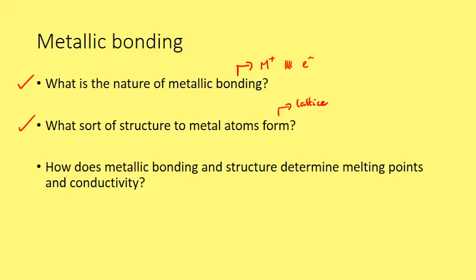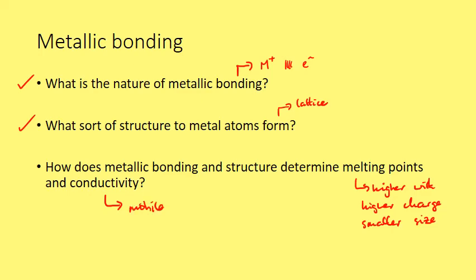So let's just remind ourselves there: higher with higher charged ions and smaller size, so higher charge density. And the conductivity that we've just done, conductivity of heat and electricity, both facilitated by the mobile sea of electrons.